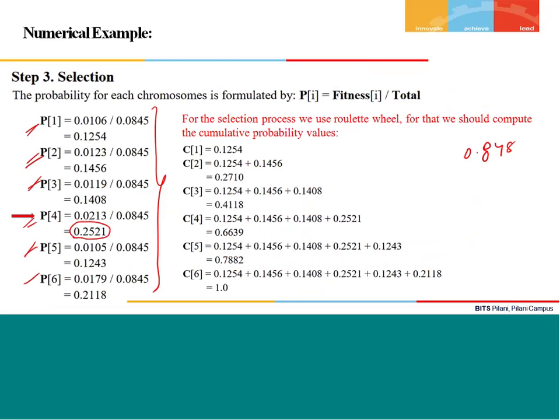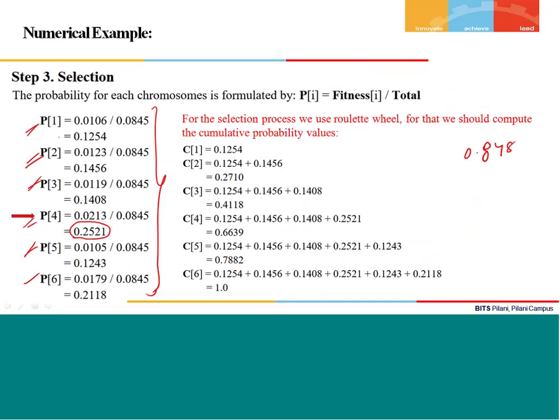Just first understand the steps that are more crucial. I will take questions one by one after that. First try to understand how I'm implementing this genetic algorithm. For my first generation, I evaluated my fitness function and found out the probability of each chromosome. So far I have calculated my chromosome.